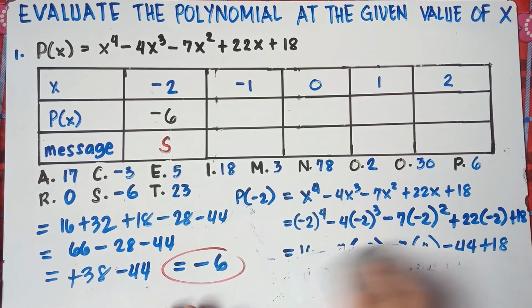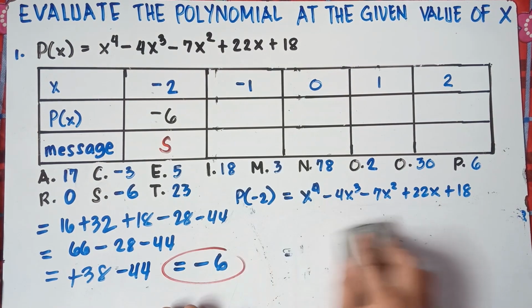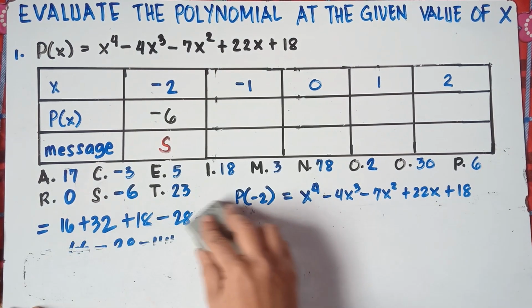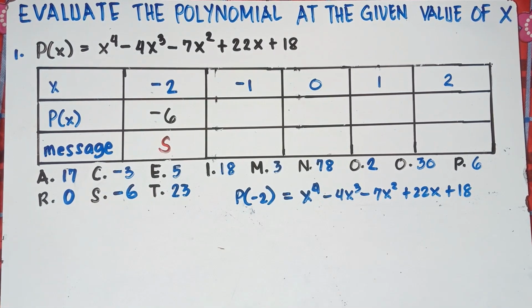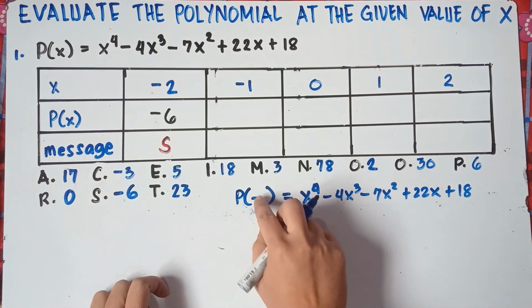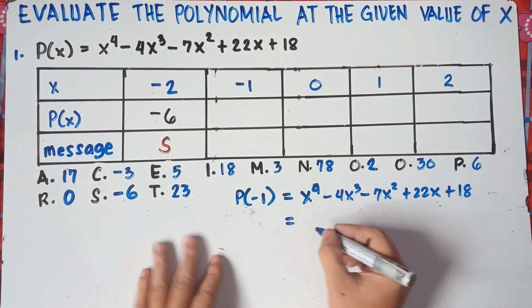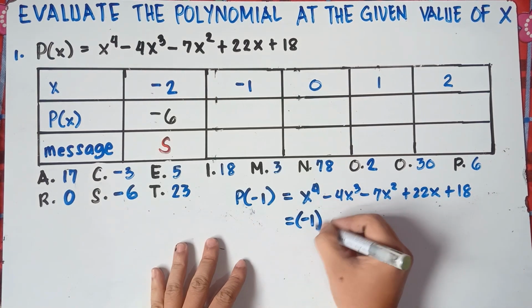So let's answer negative 1. Substitute the value of negative 1. So this will be P of negative 1. So this will be negative 1 raised to the power of 4.